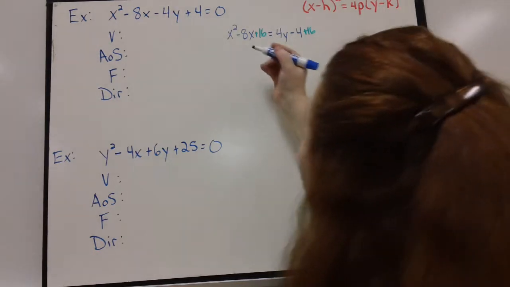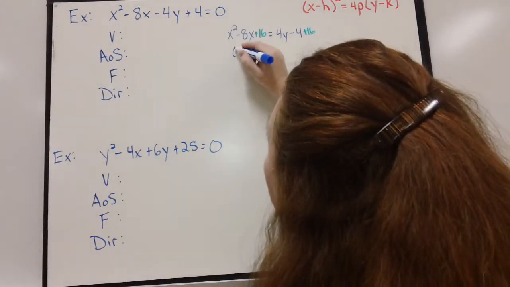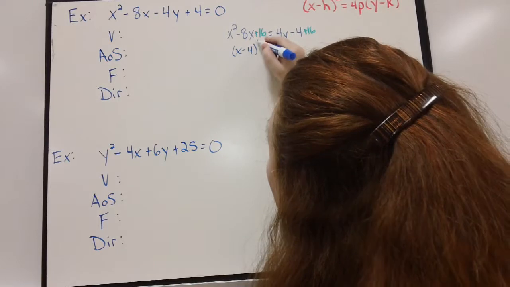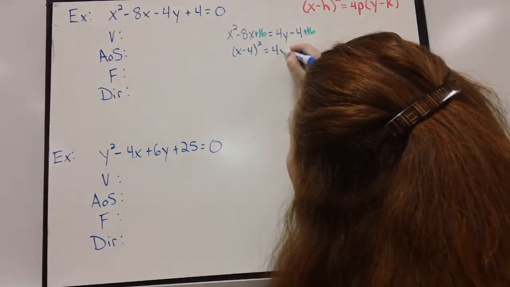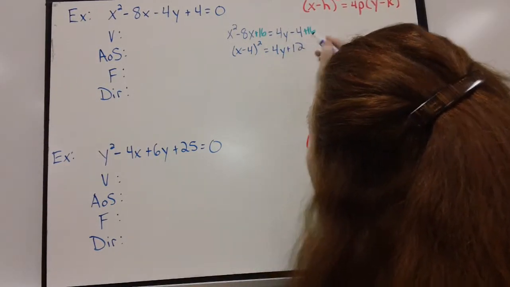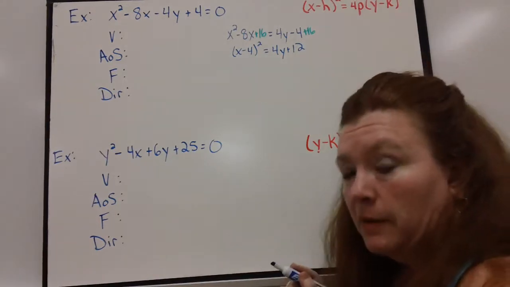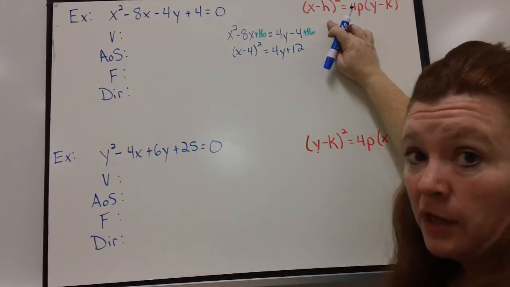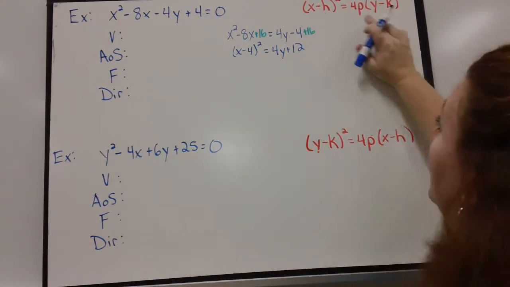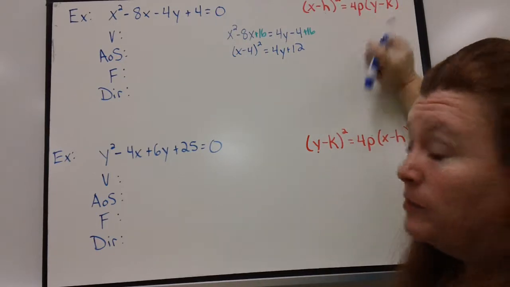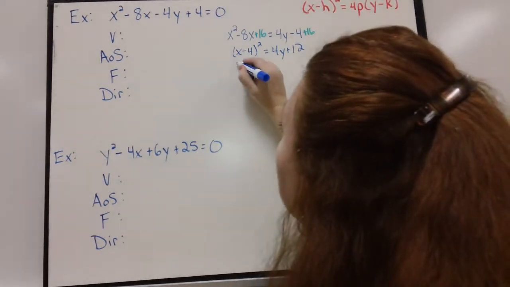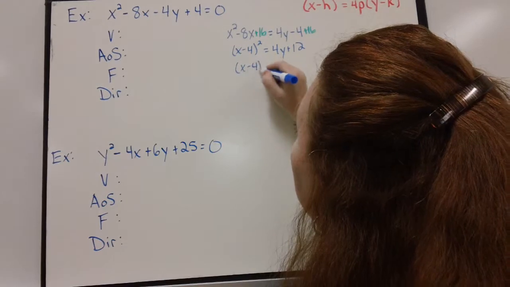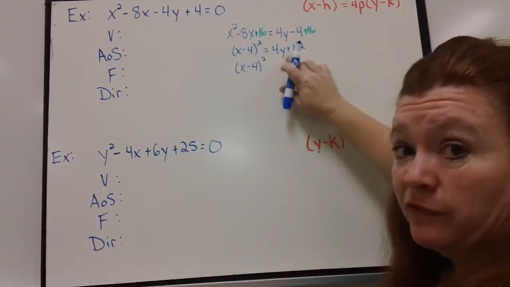We have, let's rewrite this as (x minus 4) squared equals 4y plus 12. All right? The left side is in the form I want, but the right side is not. I need to have a number out front of my parenthesis. So what I'm going to do is I'm going to factor out this 4.